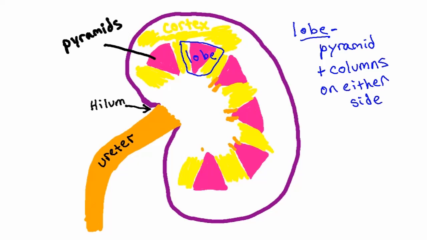At the tips of these pyramids, a tube comes out, and this is where your urine is excreted into these short little tubes that come out the bottom of these pyramids, after it's processed and made in the pyramids. These are called the minor calyx.